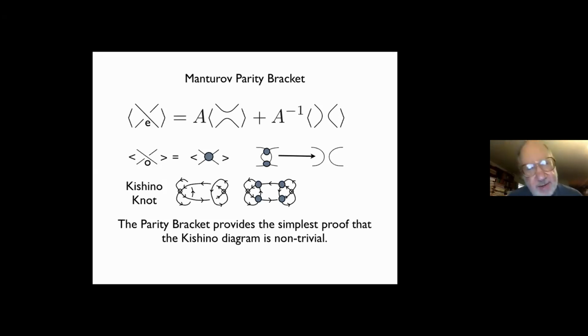And here's his prescription. You take your diagram, and for every odd crossing in the diagram, you turn it into a graphical node. And for every even, and now you have a new diagram with graphical nodes. And now you expand that diagram on the even crossings by the bracket. And of course, you will get some graphs.